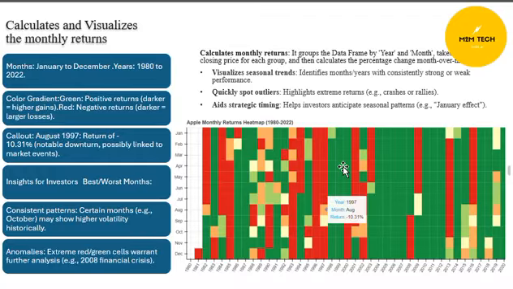From the heat map, it's easy to identify the best and worst months for a specific year. Say this is 2006. Between 2004 and 2007, all of those months are green. That means all of these years had positive returns, really good performance. The red is negative, right?